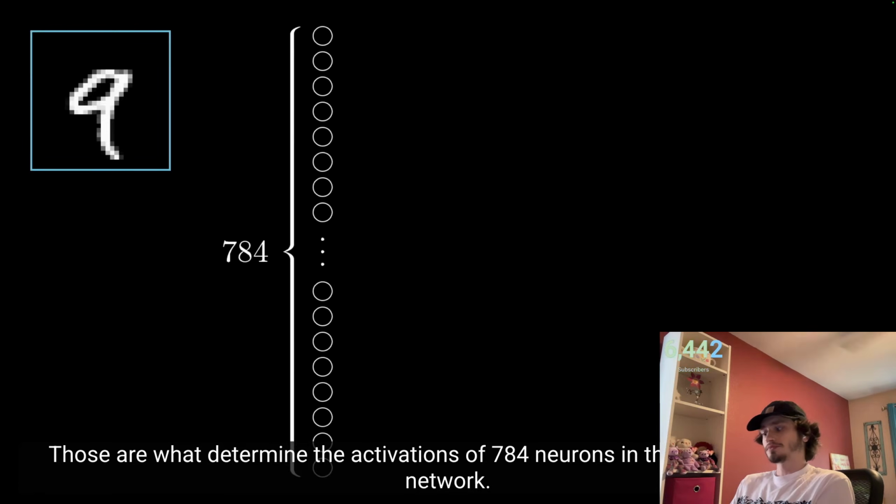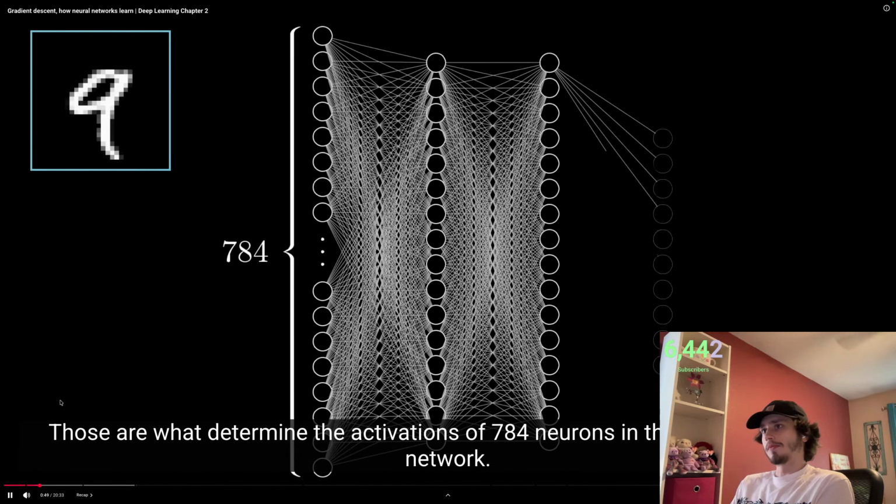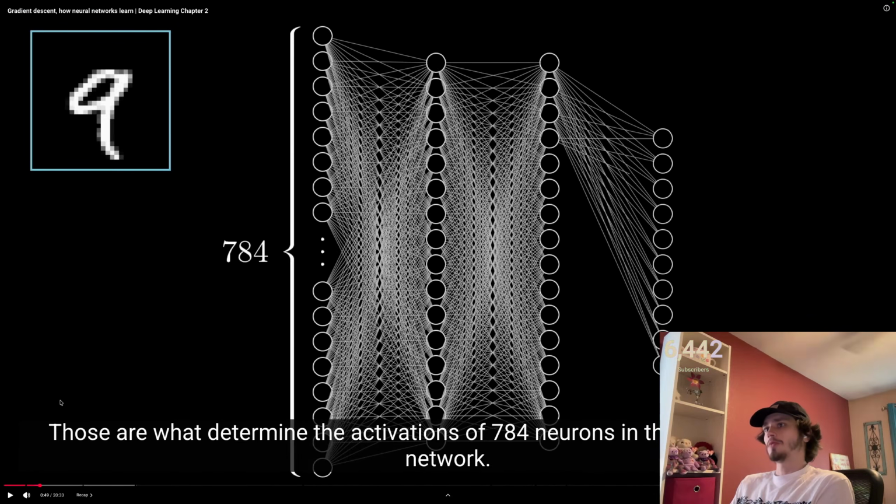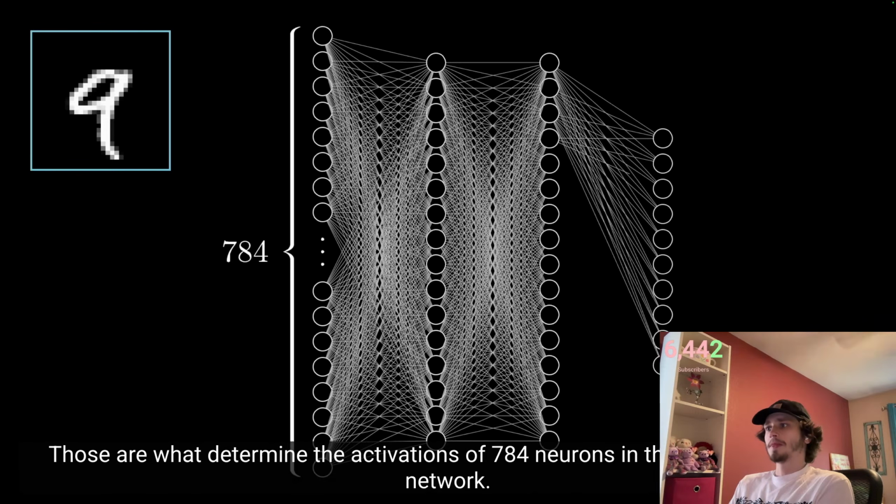We feed into the network the 784 pixel data numbers, so these would be vectors of data, but this would be a two-dimensional matrix, so it would be a 2D tensor.